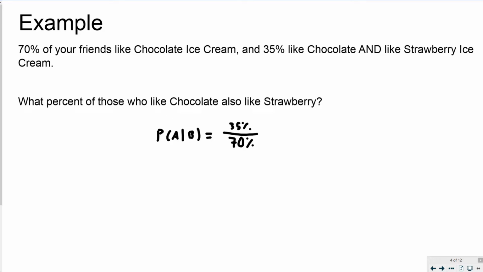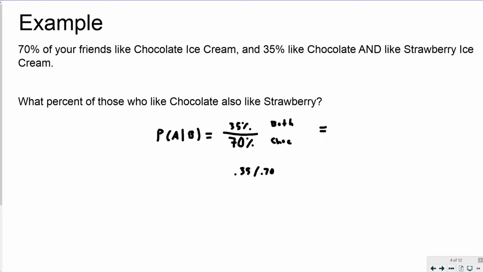The 70% is the given, the people who like chocolate, and that's only the chocolate people. So 70% like chocolate, and 35% like chocolate and strawberry. You take the both on the top over the chocolate only.